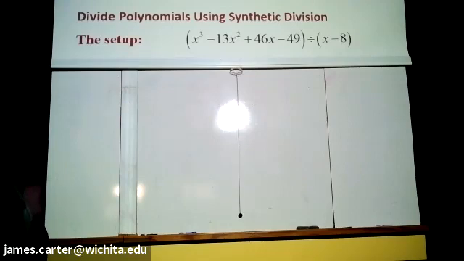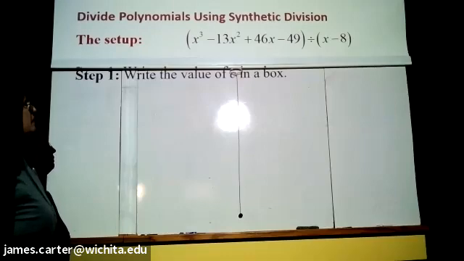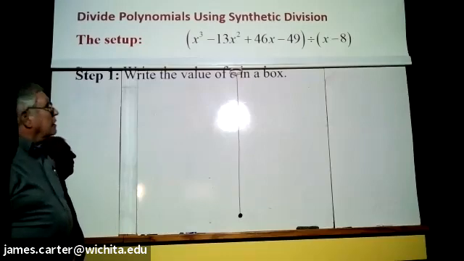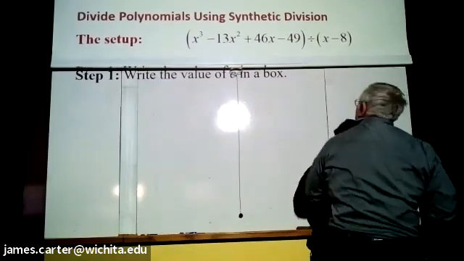Okay, here's our first problem. There are essentially 3 steps in setting this up. First, you write the value of c in a box. Remember, the c was this number right here.